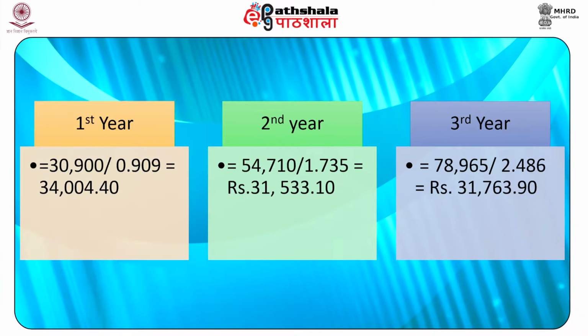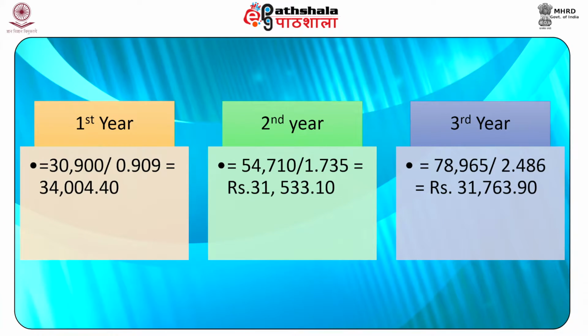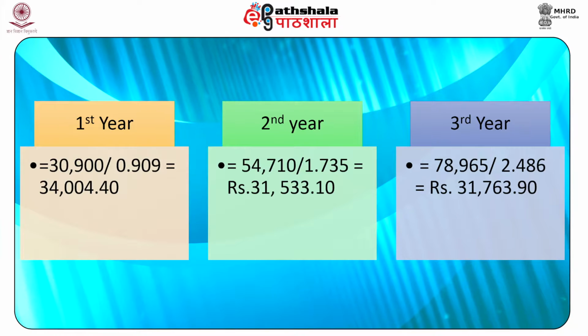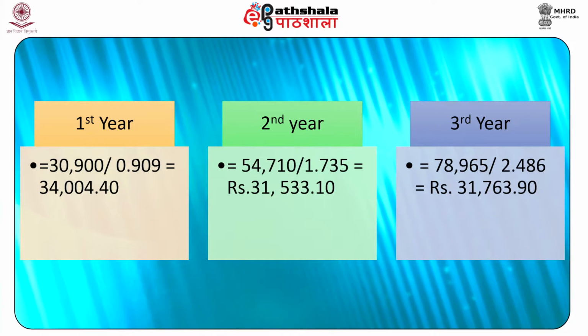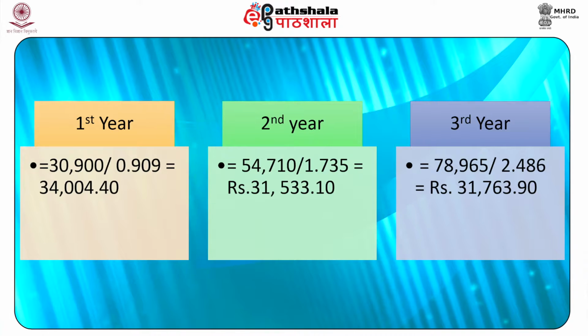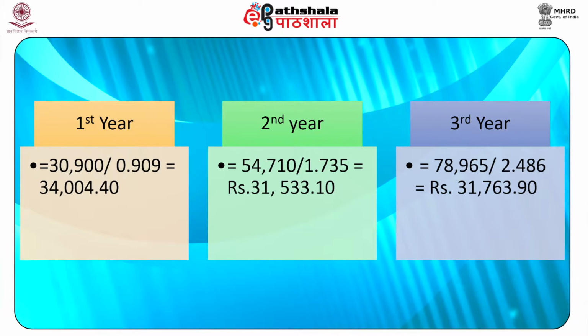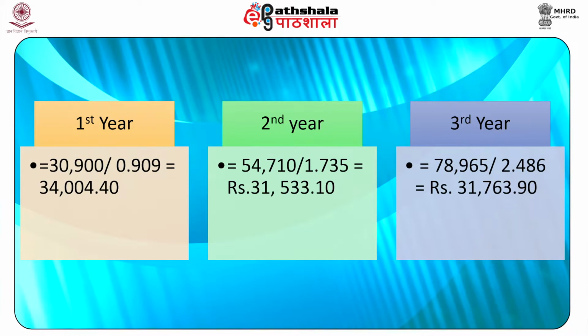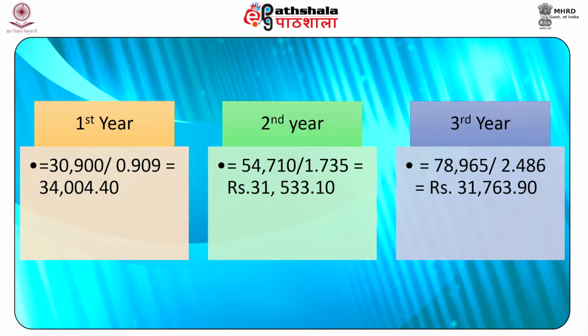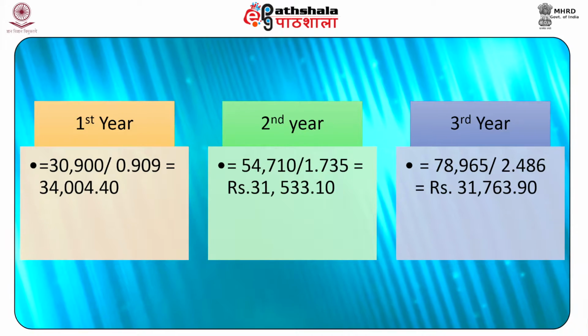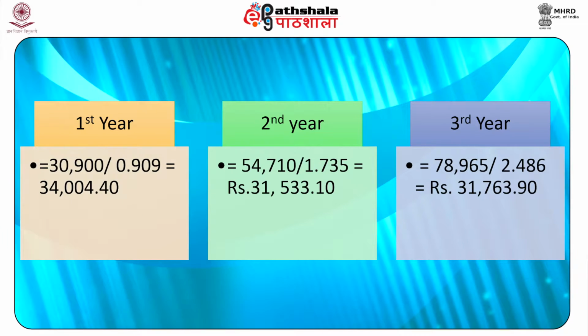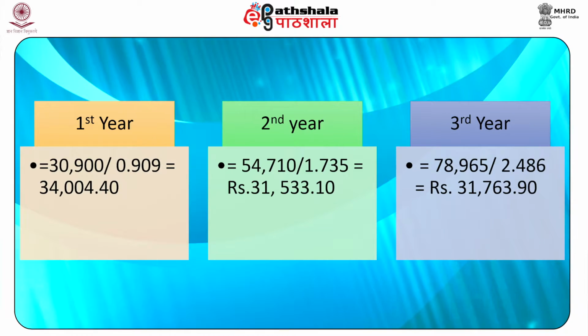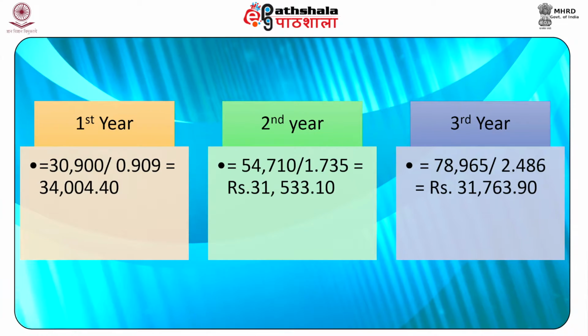In the first year, it will be equal to 30,910 divided by 0.909, which will be equal to 34,004.40. In the second year, it will be equal to 54,710 divided by 1.735, which will be equal to about rupees 31,533.